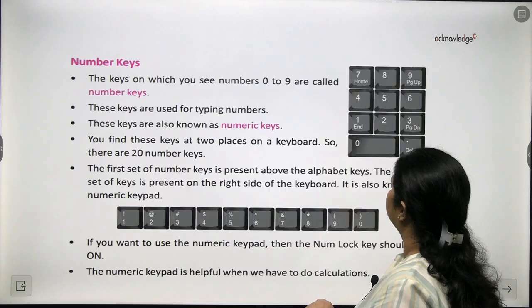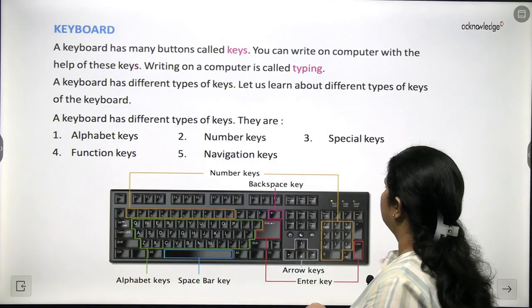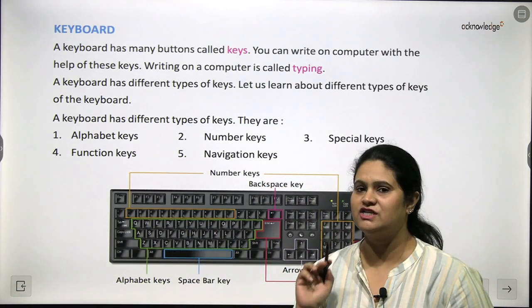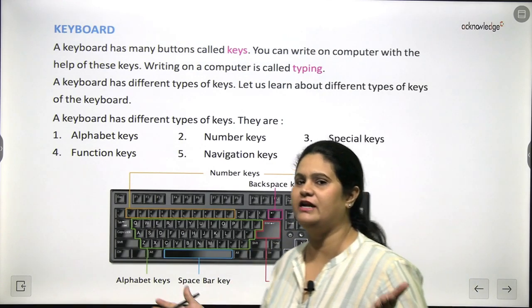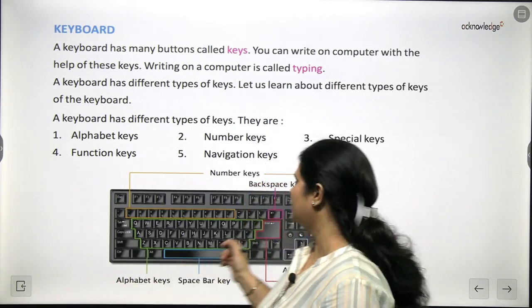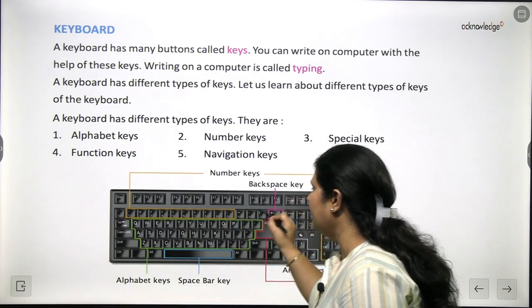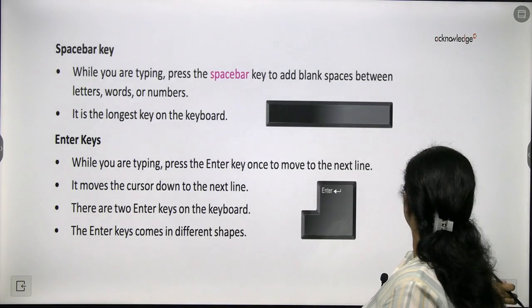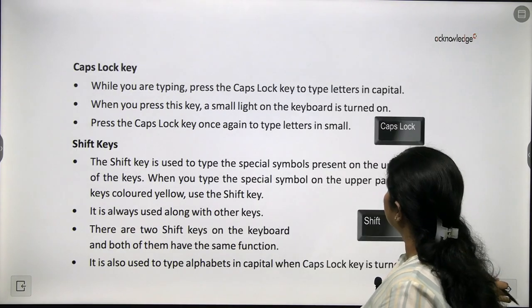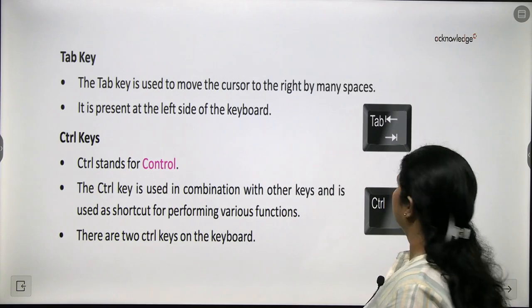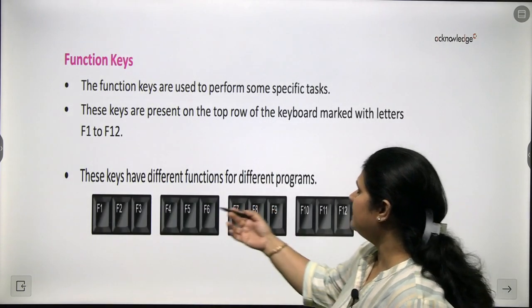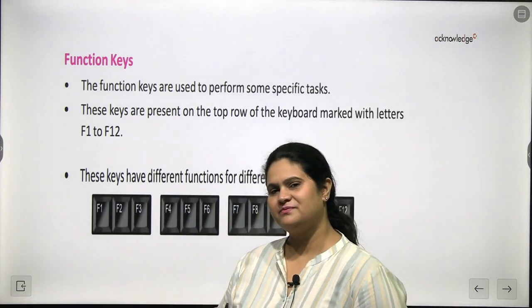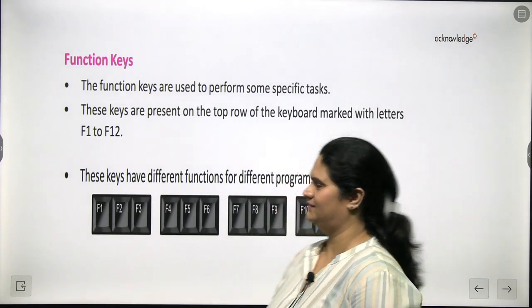Let's go back. See here, these are the 12 function keys that perform different tasks for you, right? So, these are at the very top of your keyboard, right, children? Right. So, these keys have different functions for different programs. Is it understood? Good.